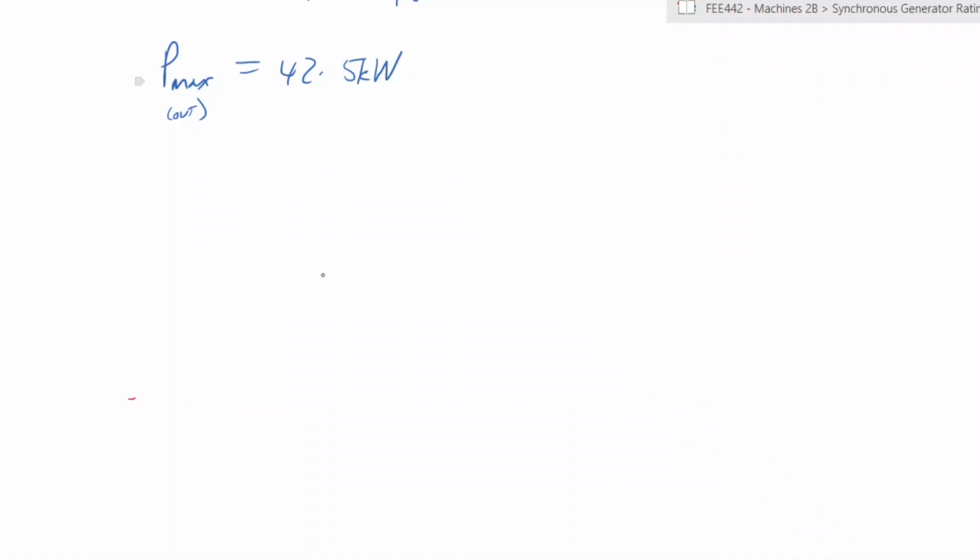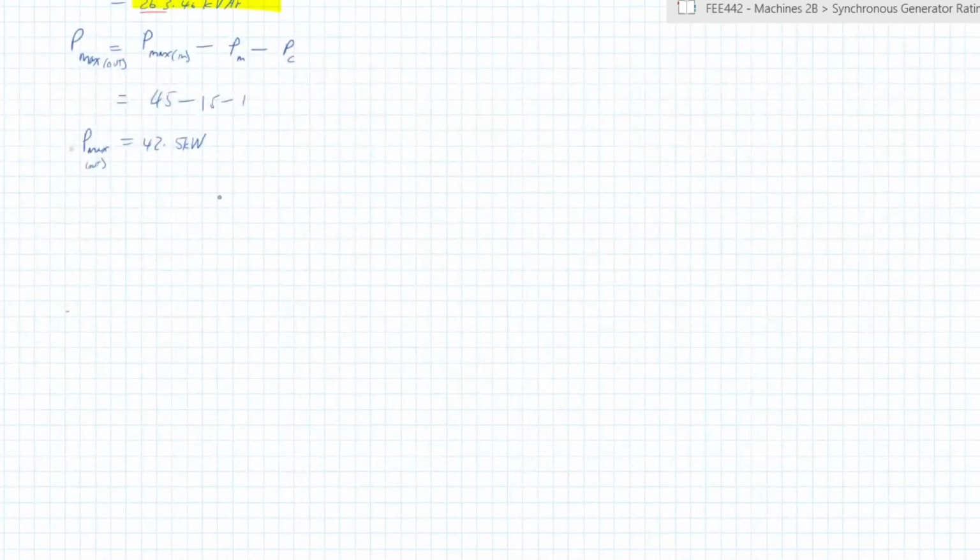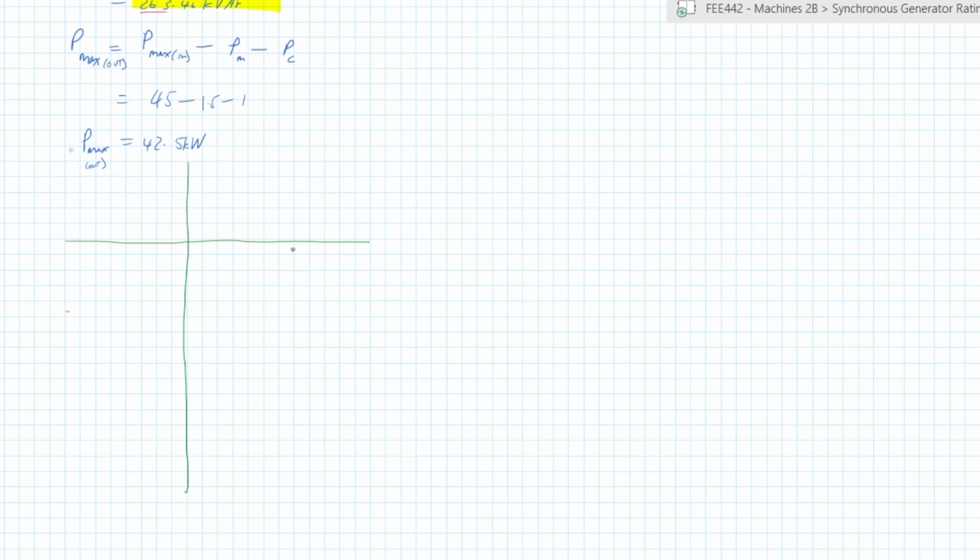So now if we draw our capability curve, let's just have some squares that will guide us, something like that. And if we zoom out a bit, this is our P axis, this is our Q axis.